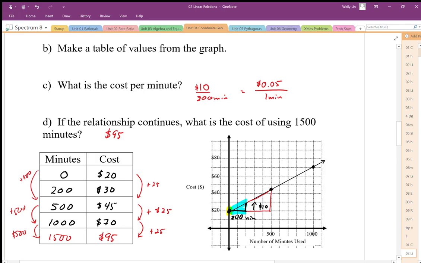This is a new concept here. The proportion is now showing up on the outside. My 500 to 25 ratio is showing up as changes. These are actually changes in the table. And that proportion can then be scaled down to a unit rate, which I've done in part C here.